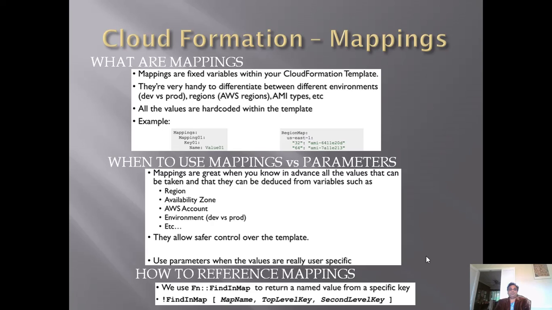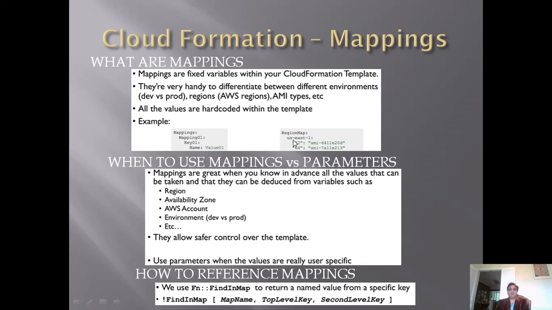Mappings. Mappings are fixed variables within your CloudFormation template. They are very handy to differentiate between two environments, dev or prod, or regions or AMI types. So usually you give a mapping, one key. It's kind of three levels if you see: Mapping 01, key 01, and under that a name and value.